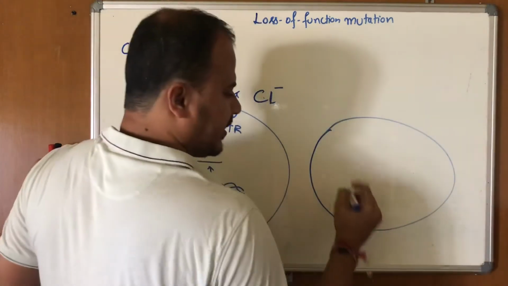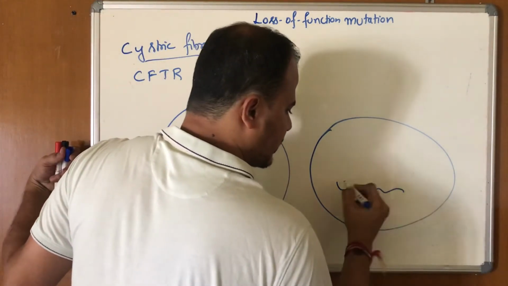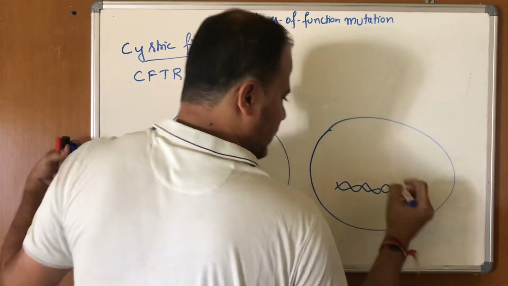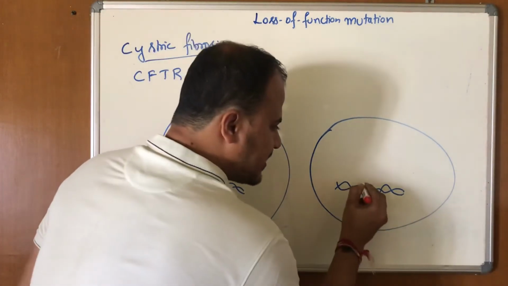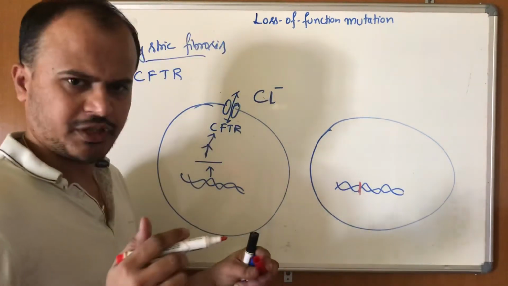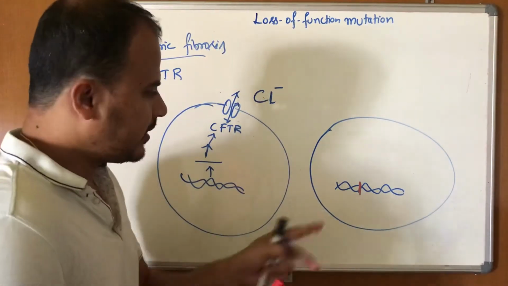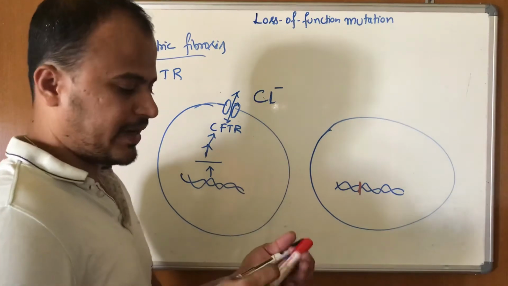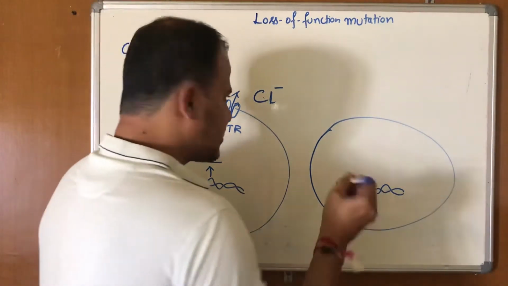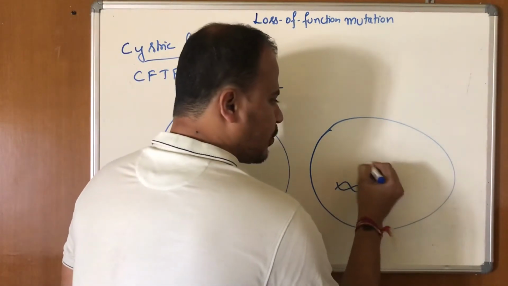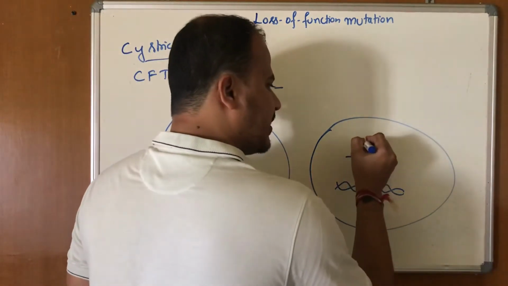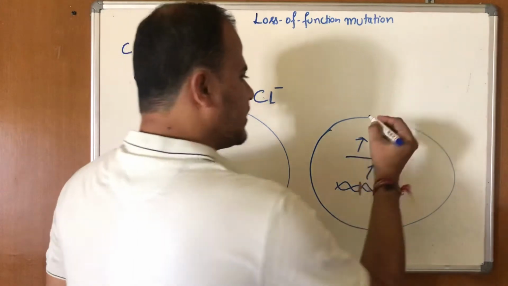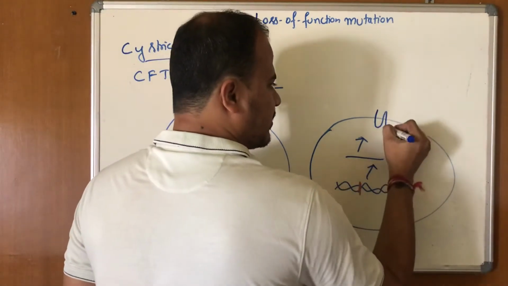So I am writing here again. In this case, in the cell, there is a mutation. It could be any type of mutation. There is a mutation in the CFTR gene, which I have indicated in red. This results in production of the mutated mRNA, and subsequently a misfolded protein.